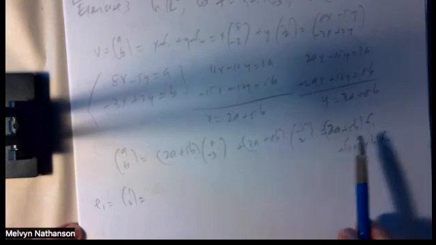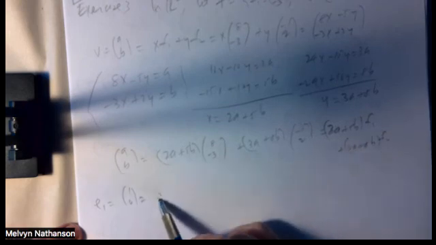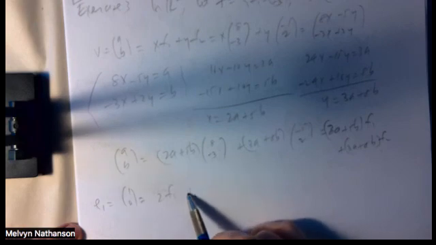If we take the vector E1, which is (1, 0), when a is 1 and b is 0, this is 2F1 plus 3F2. If I take the vector E2, which is (0, 1), when a is 0 and b is 1, I get 5F1 plus 8F2.